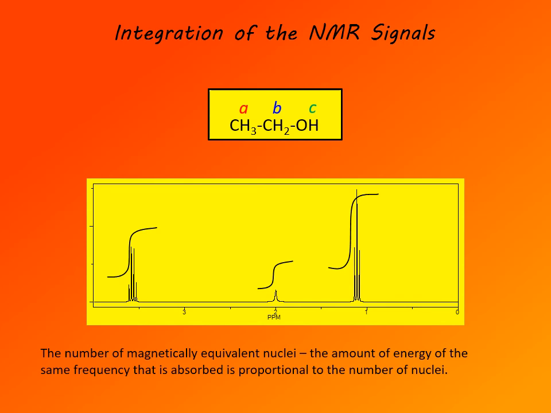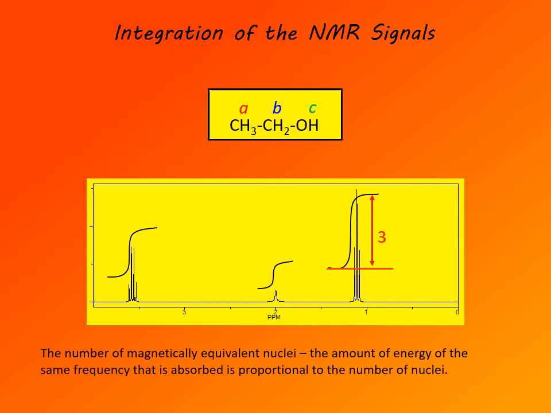We can determine, for example, for protons A, we draw a line where the original level of the pen is, and then measure how much the pen was deflected, and we can see that this amounts to a relative area of 3.